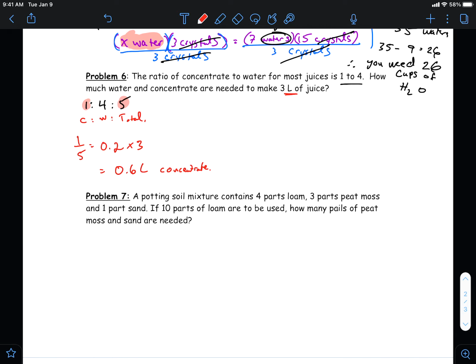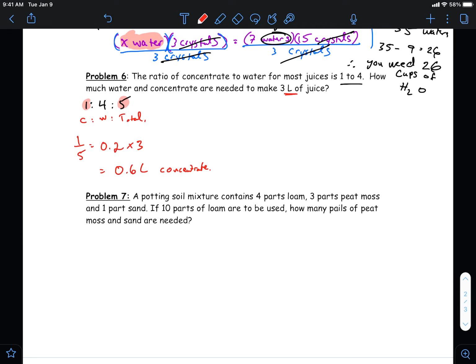Okay, and then we do the same work for the rest of it. I'll do it 2 ways. Because there are only 2 things being mixed here, it's easy enough to figure out how much water you need. You could do it one of 2 ways, and then we'll prove it using the exact same method.